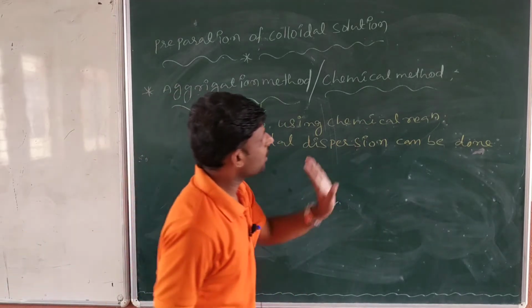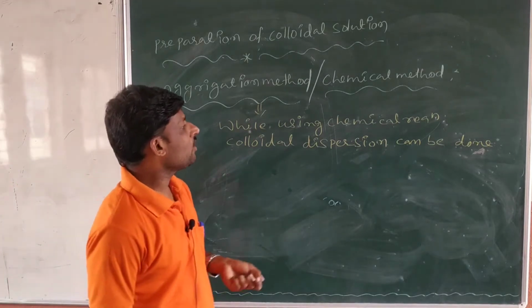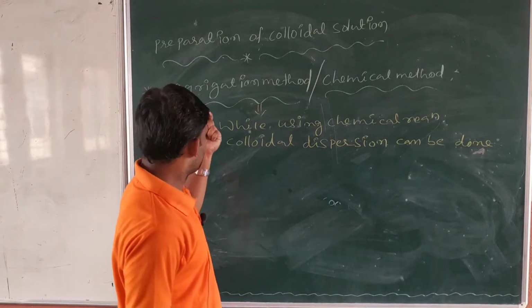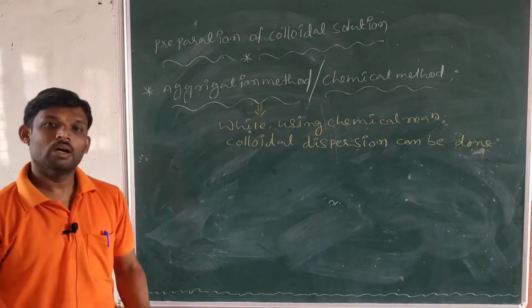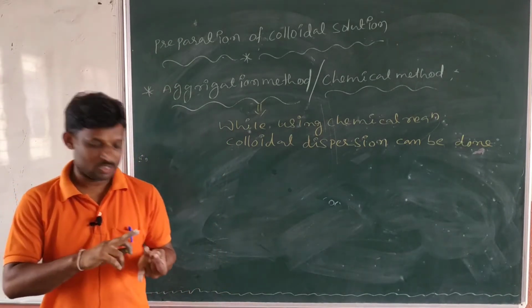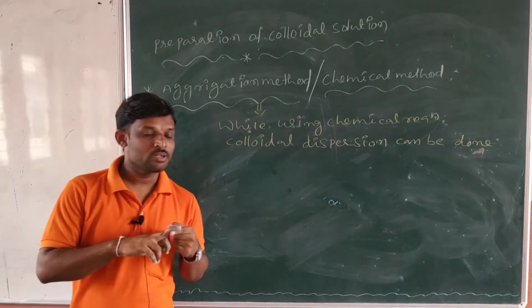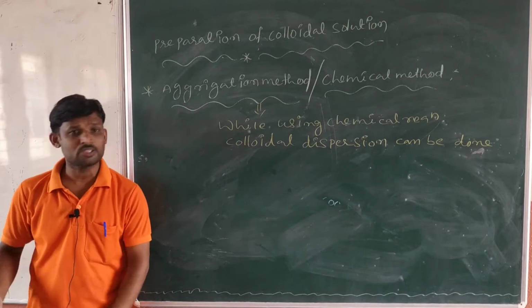Which types of chemical reactions do we use in the preparation of these colloids? One is oxidation, second is reduction, and also double decomposition. Different types of reactions we are using.